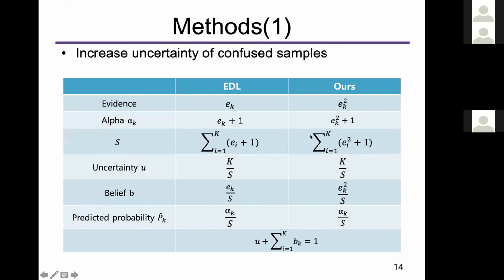So we suggest a new strategy to compute uncertainty by using a quadratic form of evidence. In EDL, the evidence is just e_k, the output of the neural network itself, and we will use the quadratic form of this evidence. The following equations go like this, and it still satisfies the constraint that u plus the sum of beliefs is equal to 1.